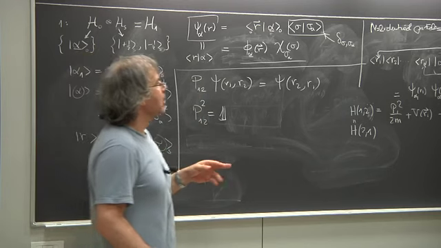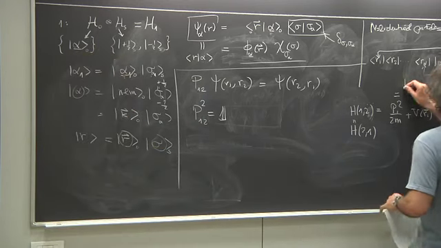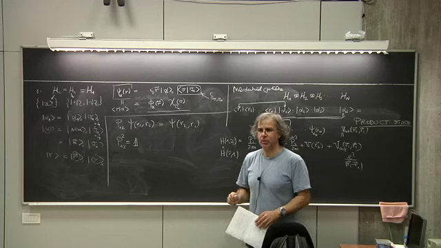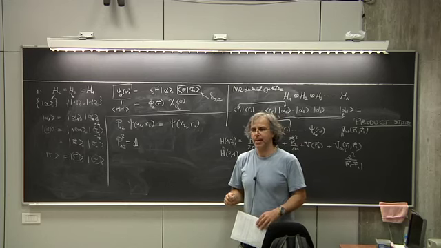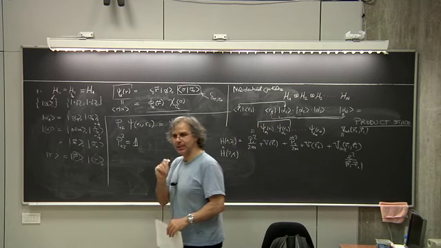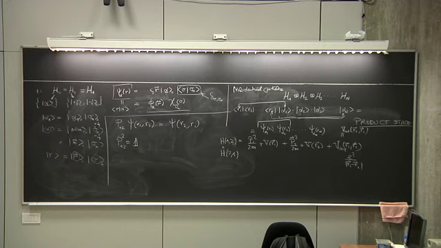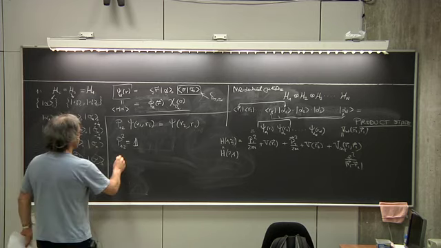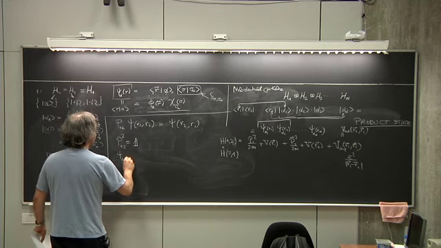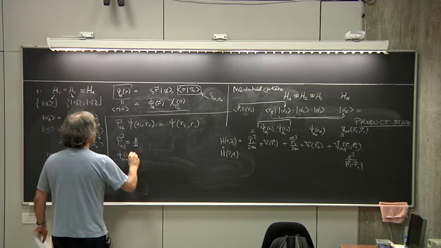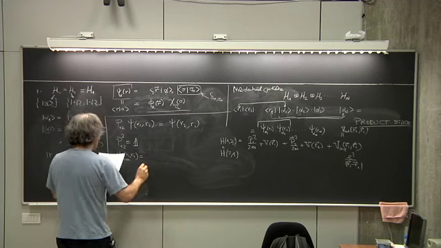Now, simply the product of two things is not a good eigenstate of permutation, okay? But you can make out of a product a good eigenstate of permutation, actually two good eigenstates of permutation. You can make, for instance, an even function, okay? Psi even of R1 and R2. How do you make it?